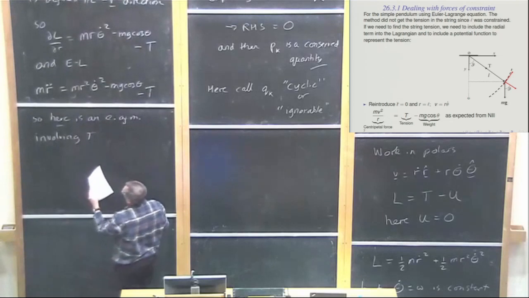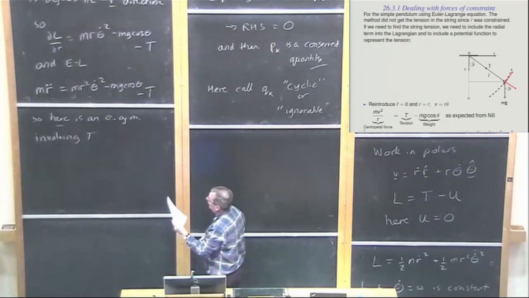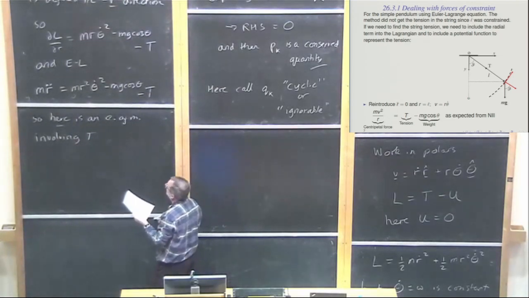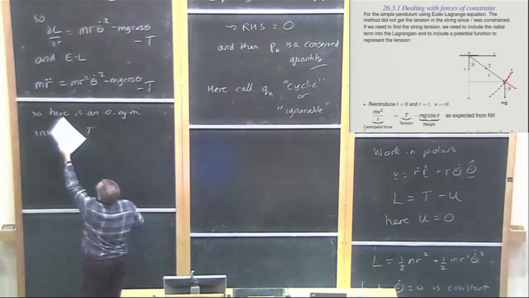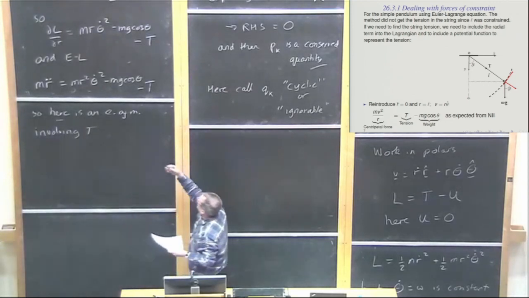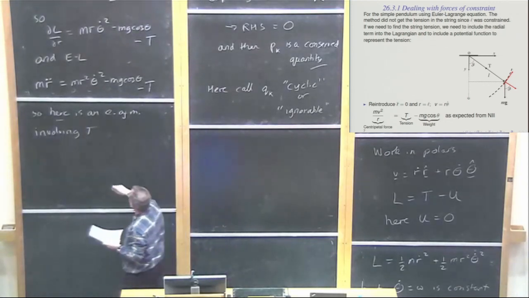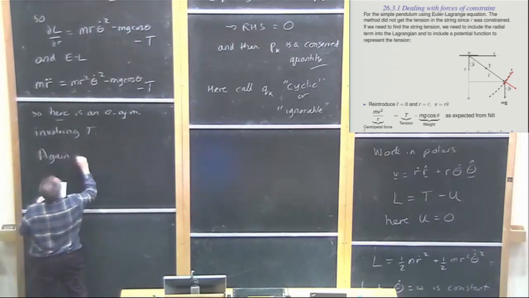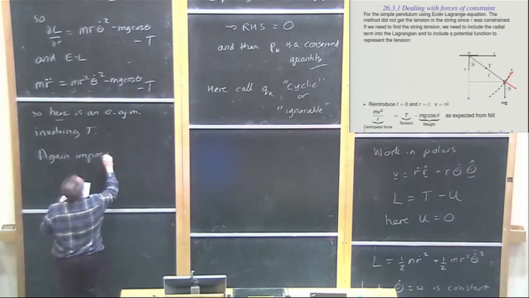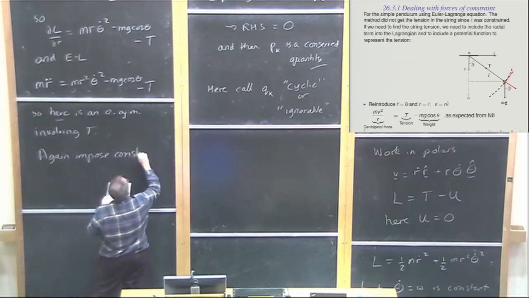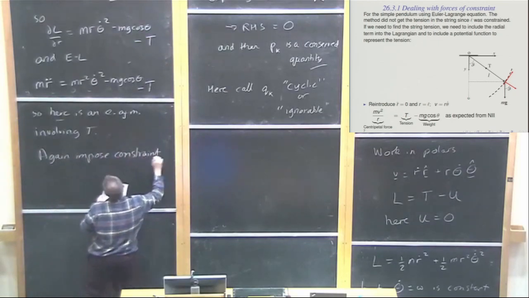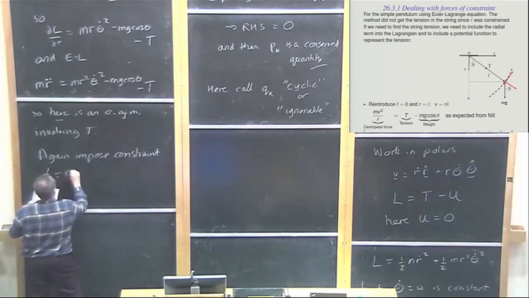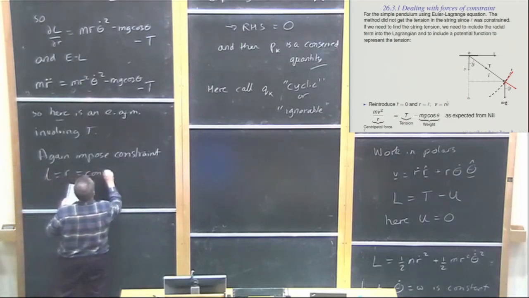And just to make really clear what's happening, we now impose the constraint. And what is the constraint? The constraint is that L equals R equals constant.